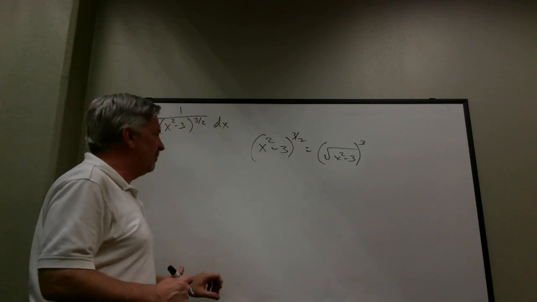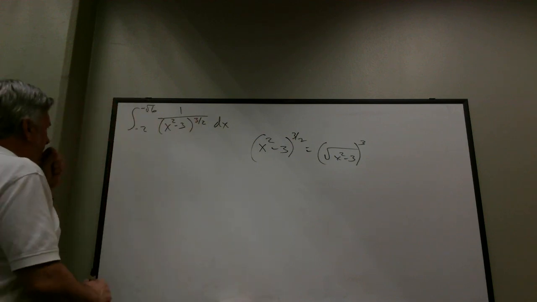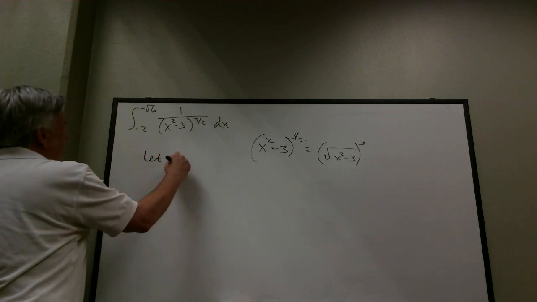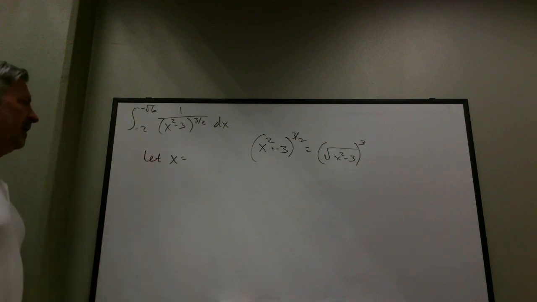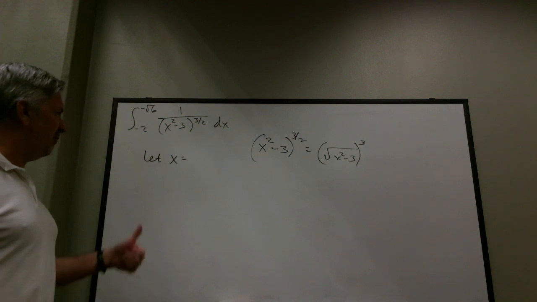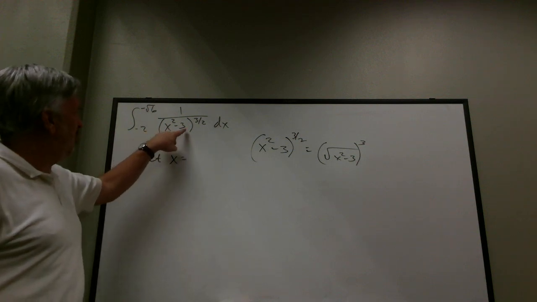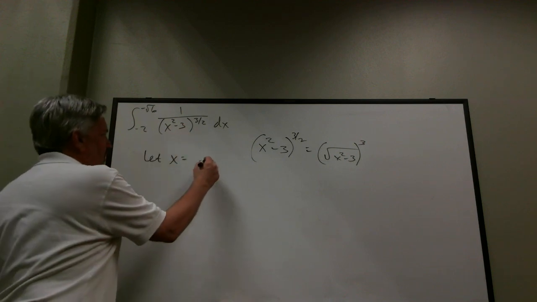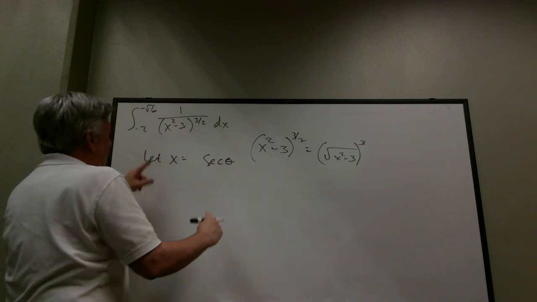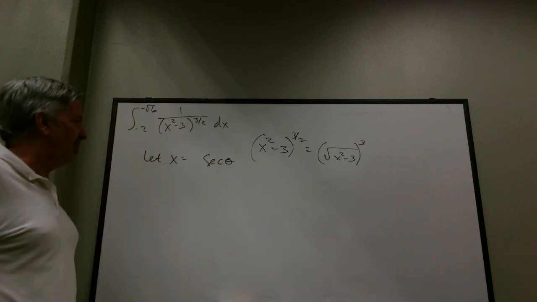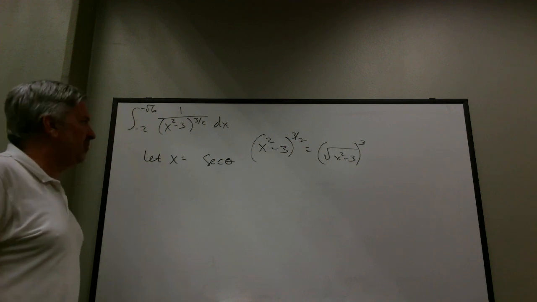So what about a trig substitution here? What are we going to let x be? There are two things to ask yourself: what coefficient do we need and what trig function do we need? It's variable square minus a number, so remember that's secant, because you want secant squared theta minus 1. Now what coefficient do we need?